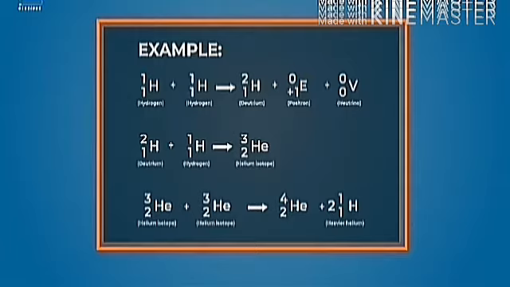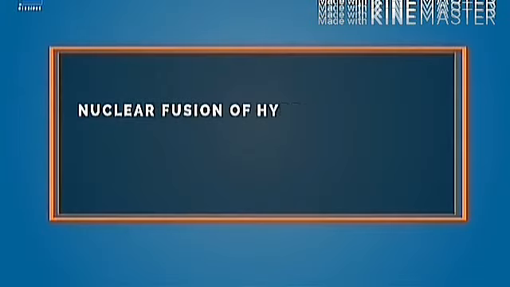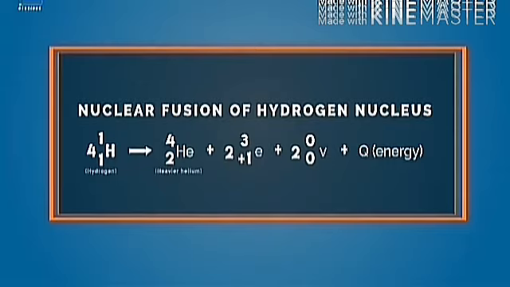Example, 4 hydrogen atoms combine together to form one helium nucleus and release energy. 1H2 is an isotope of hydrogen named deuterium. The energy released in each fusion is 3.84 × 10^-12 joule.